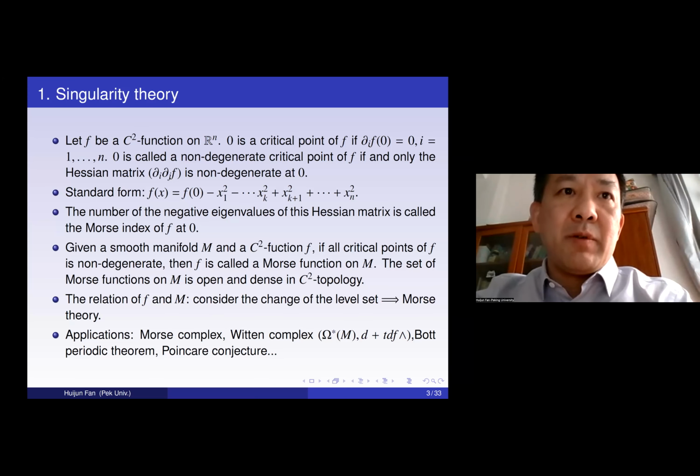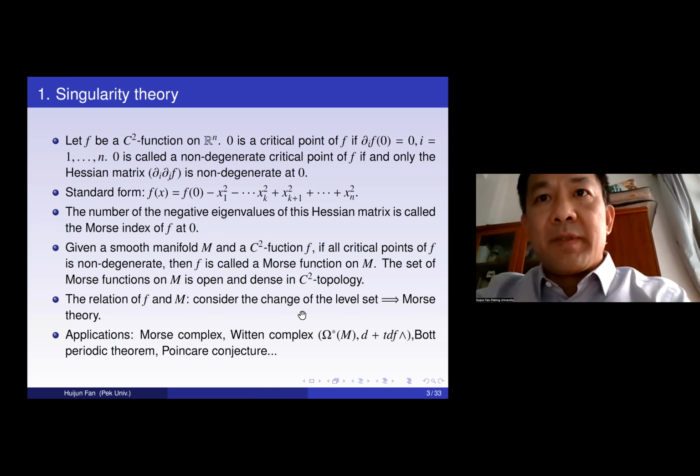And then people try to relate the analytic properties of f with the topology of M. For example, consider the change of the level set. The homotopy type changes when the level set crosses the critical points, and this led to Morse theory.